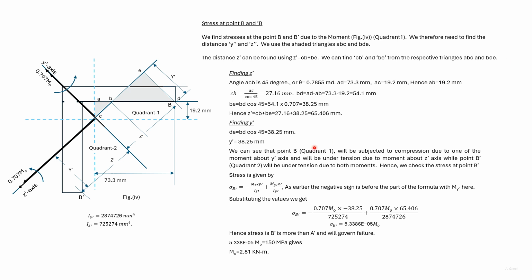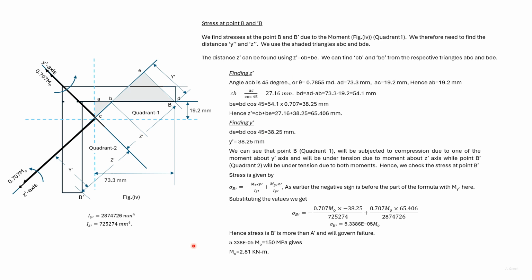We now look at the stresses at the point A and A dash. Due to the moment about the z-axis, the stress at point A is tensile. And due to the moment about the y-dash axis, the stress at point A is compressive.